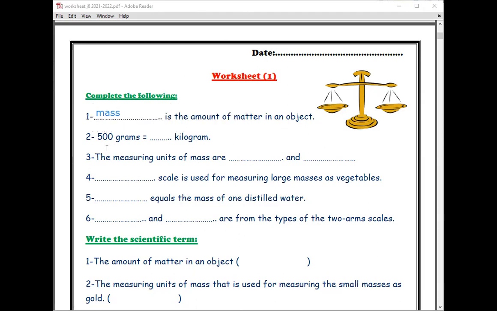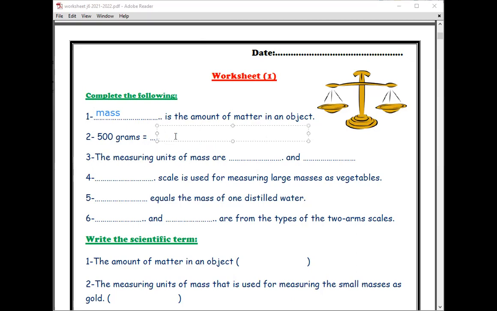Number 2, 500 grams equal how many kilograms? You have to know that 1 kilogram equals 1000 grams. If you convert the grams into kilograms, 500 divided by 1000, so 500 grams equal half a kilogram.